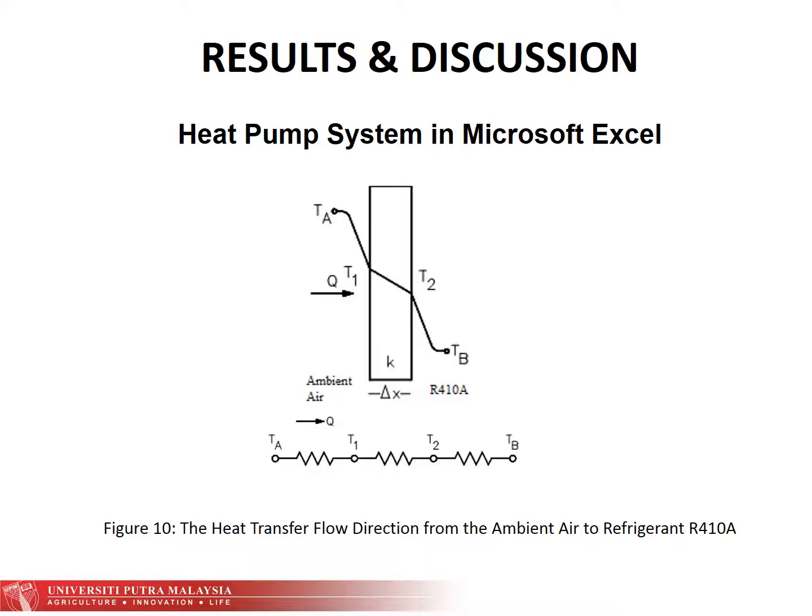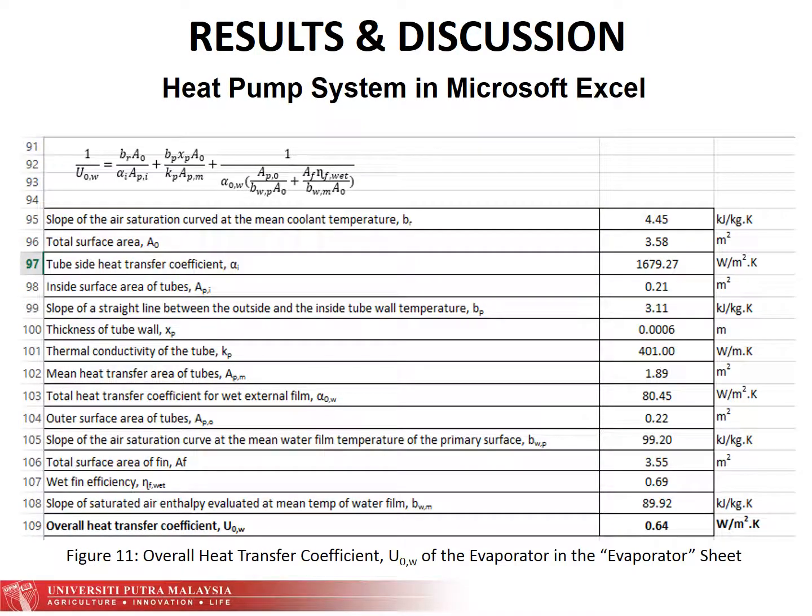Figure 10 shows the heat transfer flow direction in the evaporator from the ambient air to the refrigerant R410A. After keying the inputs, the overall heat transfer coefficient of the evaporator can be calculated by using the equation shown in figure 11.